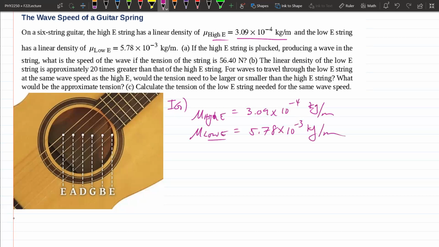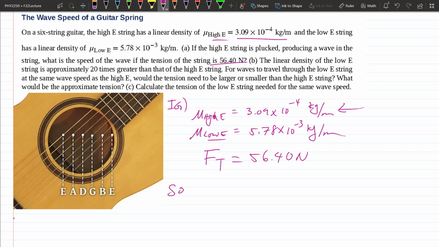If the high E string is plucked, so we want this one, what is the speed of the wave if the tension on the string is 56.40 newtons?